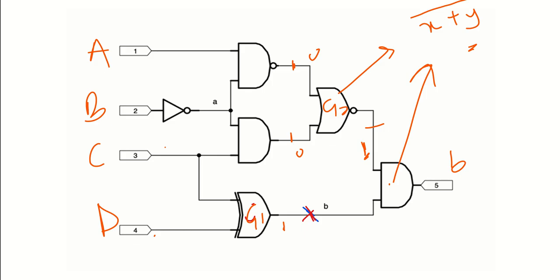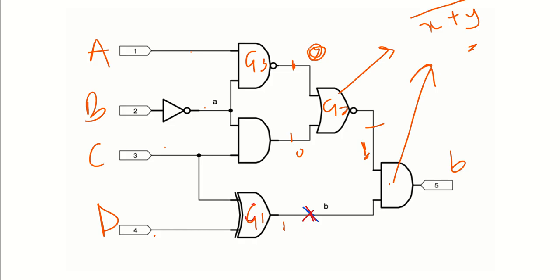Then we propagate backwards again, and now we are seeing that this part should always output 0, right? And to always output 0, we have A and B right here. This is a NAND gate, so let me call it G3.